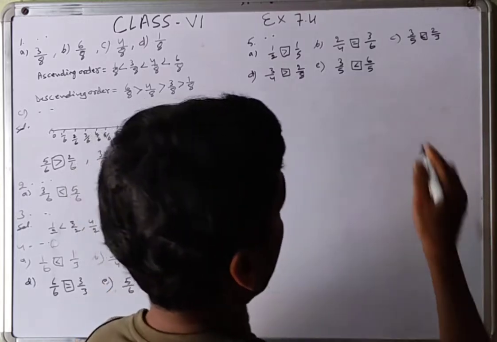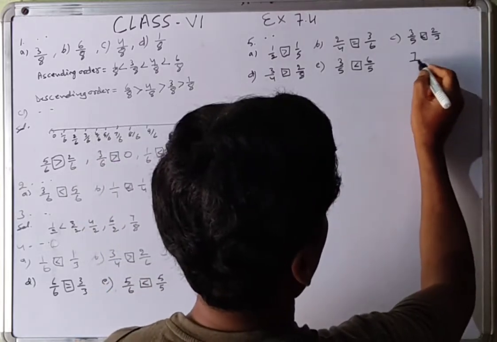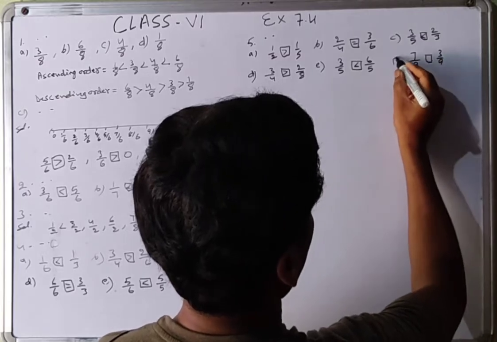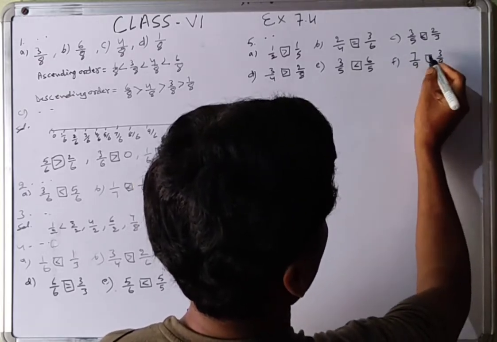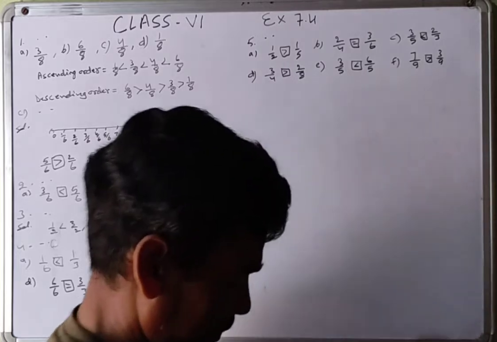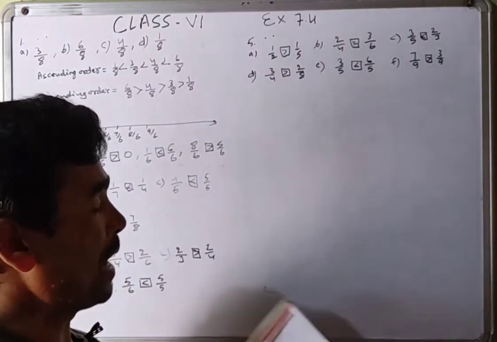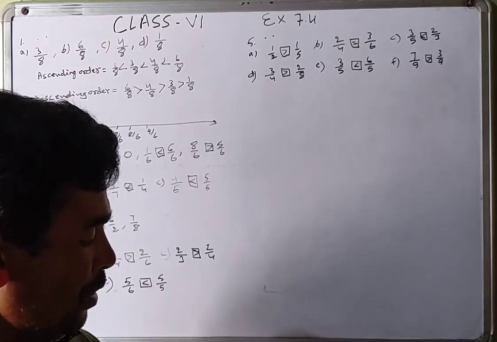F part: 7/9 box 3/9. So 7/9 is greater. Next question, and the other parts you can do.